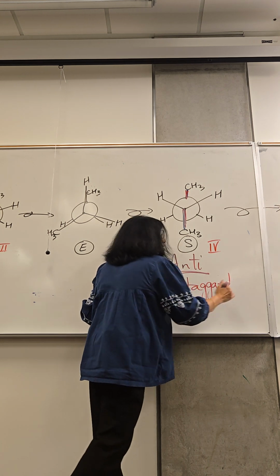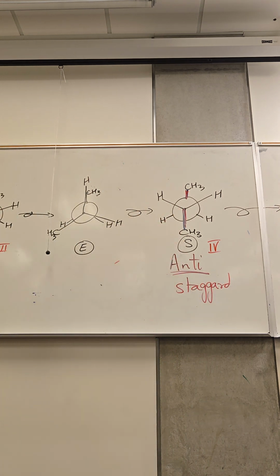Anti basically means opposite. That's the anti-staggered conformer. The other two that are staggered but not anti, because the dihedral angle is approximately 60 degrees there, are called gauche staggered.